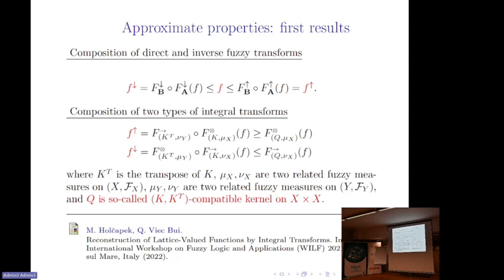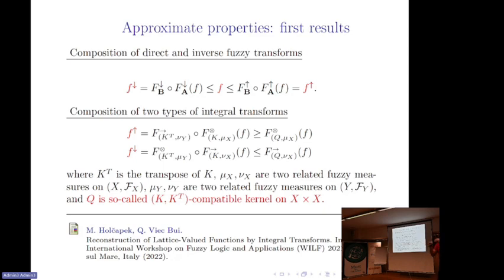Here is the integral kernel, here is the transposed integral kernel, and we get that the composition is greater than not f, but again an integral transform, a lattice integral transform of the original function, not with respect to K, but with a slightly different kernel, which is defined on the space X. So this is like that.